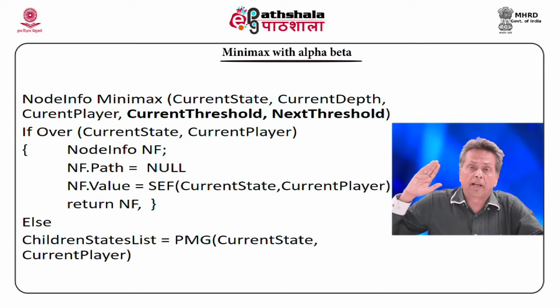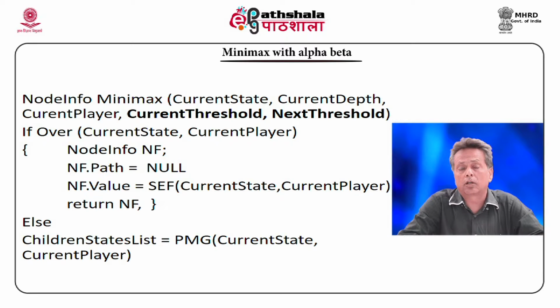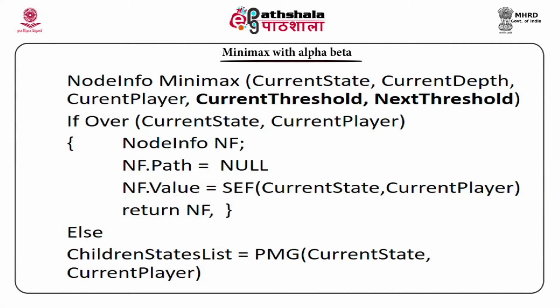Like the previous case, we invoke the function over, and it will have exactly the same code as before. Nothing is different. Node info nf dot path is null, nf dot value is SCF, and return nf, and all that is the same as before. Also the else part, we generate the children using PMG, again the same.